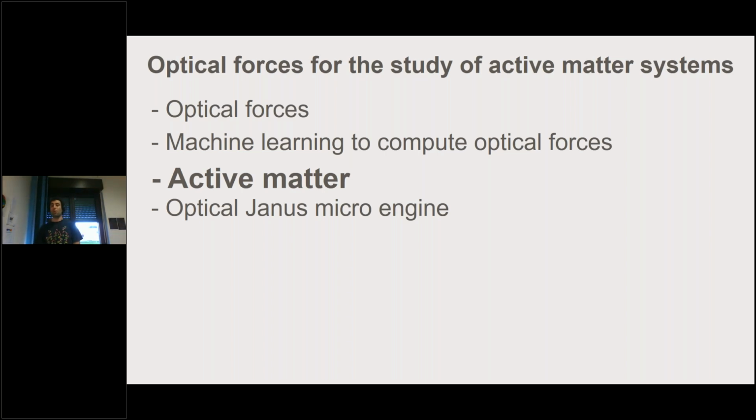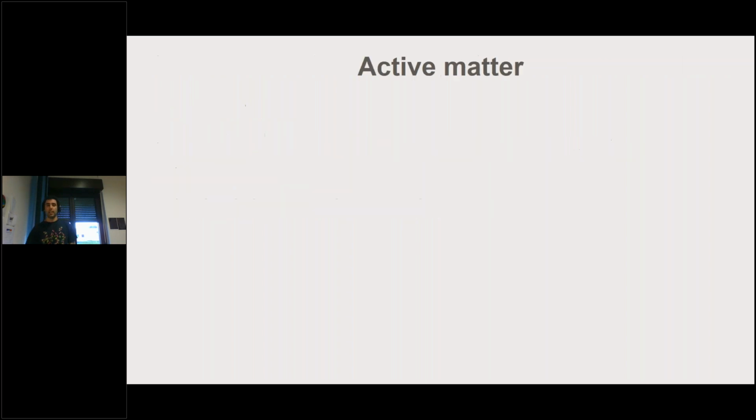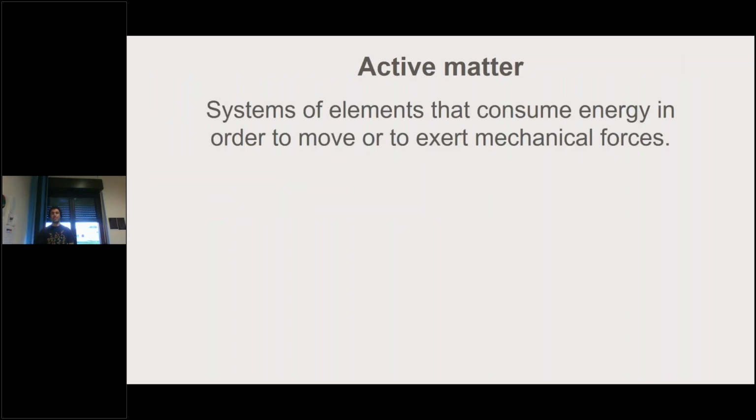And now I want to explain very briefly what active matter is. Active matter: these are systems of elements that consume energy in order to move or to exert mechanical forces.